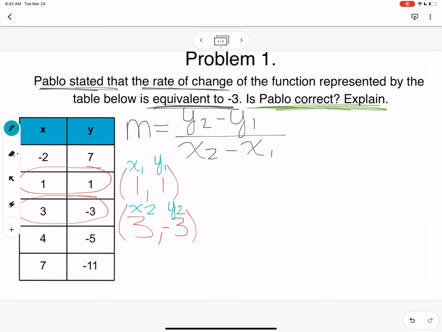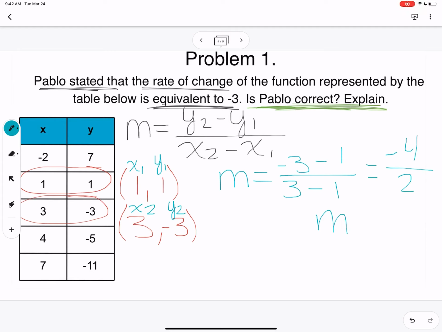So I'm going to take these numbers and substitute them in the places that correspond within the formula. I will have m equals y2, which is -3, minus y1, which is 1, over x2, which is 3, minus 1. -3 minus 1 is -4, and 3 minus 1 is 2.